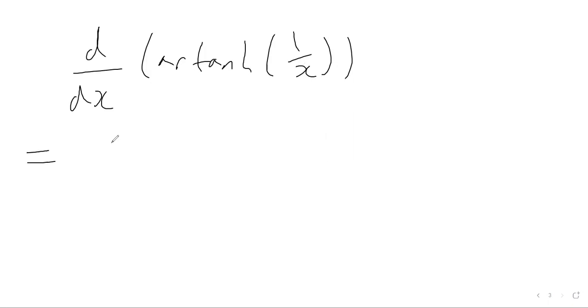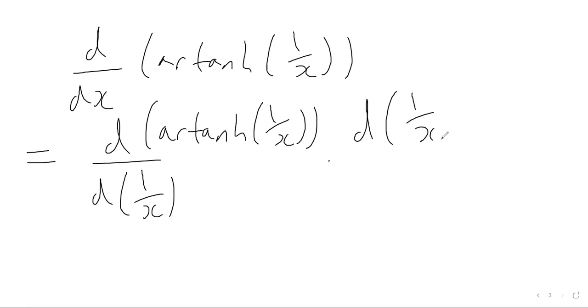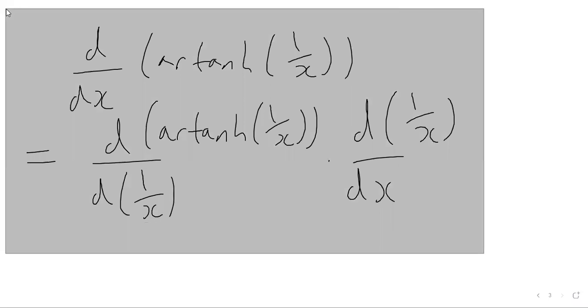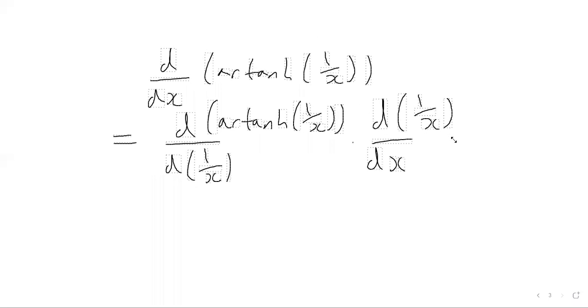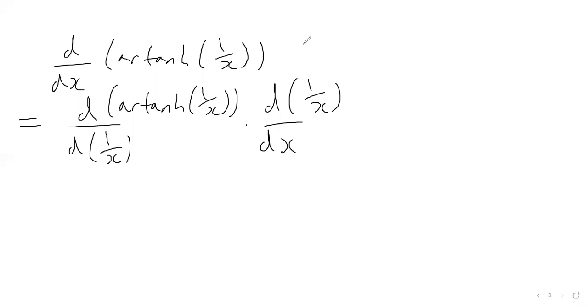Just by using the chain rule, we get the derivative with respect to 1 over x of the artanh of 1 over x function, multiplied by the derivative of 1 over x with respect to the variable x. We've done that in previous videos, and you can watch some of my previous videos to see in more detail how we can use this chain rule.